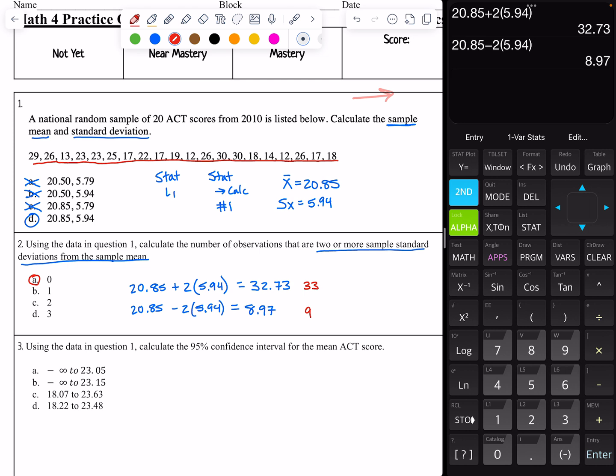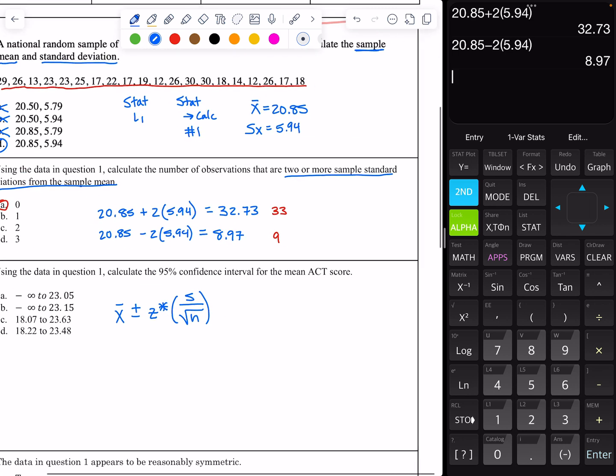Okay, number 3 says, using the data in question 1, calculate the 95% confidence interval for the mean ACT score. Since we have the mean and the standard deviation, we're going to use that to calculate. Our formula is X bar, that's our mean, plus or minus Z star times S, which is the standard deviation, over the square root of N. So let's fill everything in.